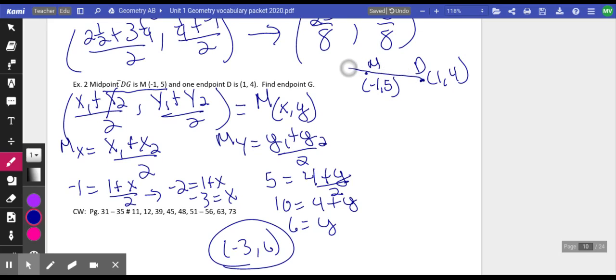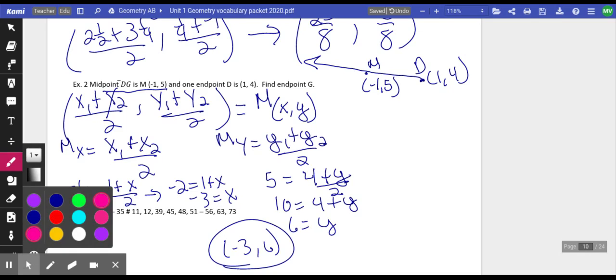So I'm going to the left, and I need to figure out what the other end would be. So for my x coordinate, I go from 1 to -1, which means I subtract 2. So if I go from the end to the middle and I subtract 2, when I go from the middle to the other end, I'm going to subtract 2 more. So that gives me -3 as the x coordinate.